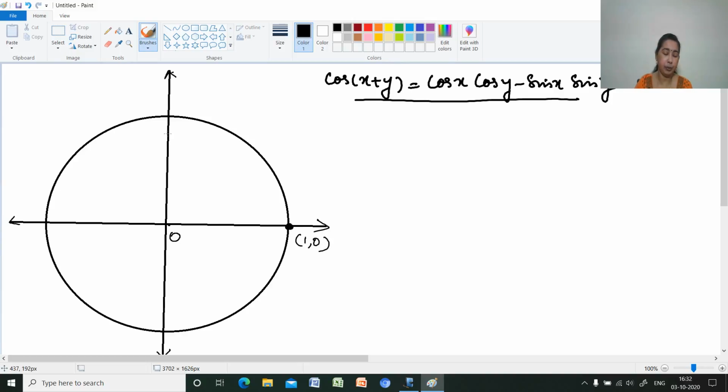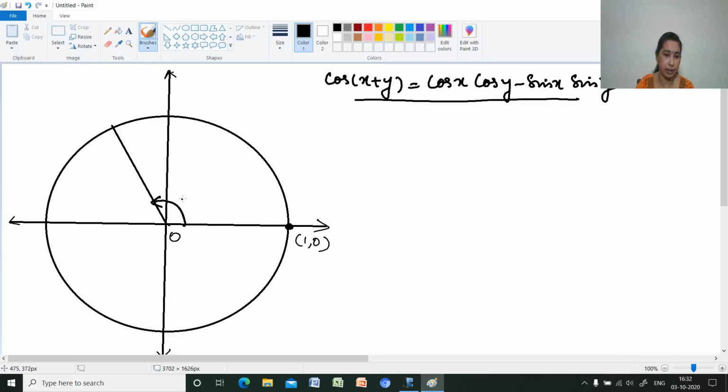Now I am taking a point on this circle, and on a circle, if I am writing a point, it will be in terms of cos x and sin x. So I am marking the coordinate here. Let there be an angle. We are taking a positive angle from this side. Let it be x. So it has moved an angle x.